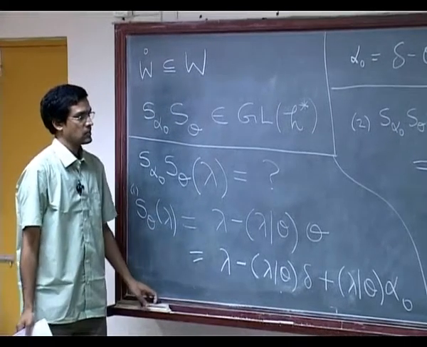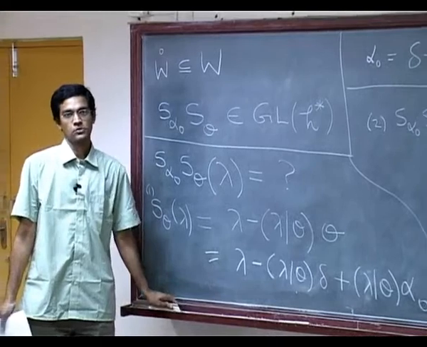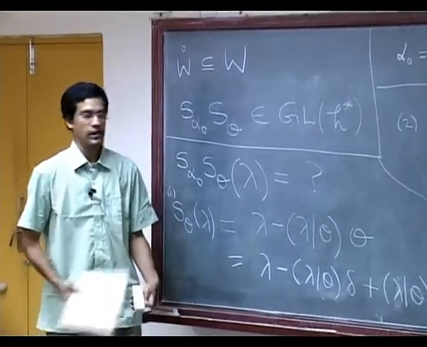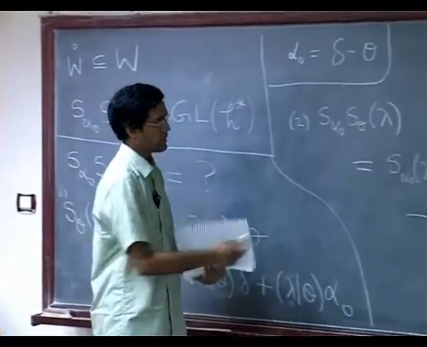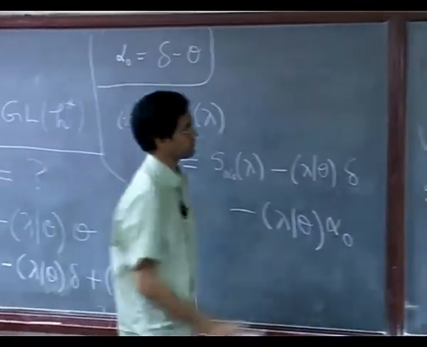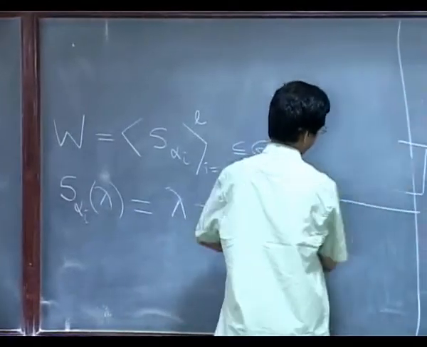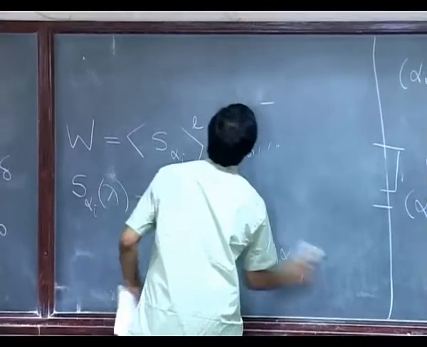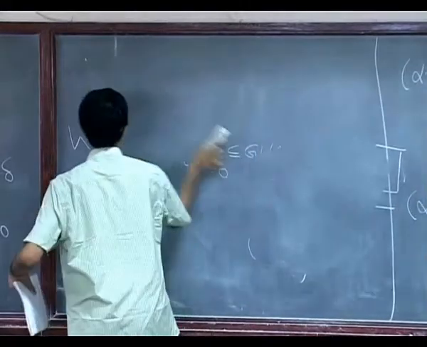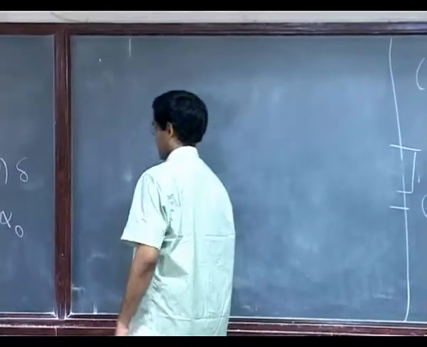the final answer in a way that does not involve alpha naught. Okay. So, I now want to prefer theta over alpha naught. I want to convert everything here back in terms of theta, so that I only have thetas and no alpha naughts. So, let us do that. Okay.